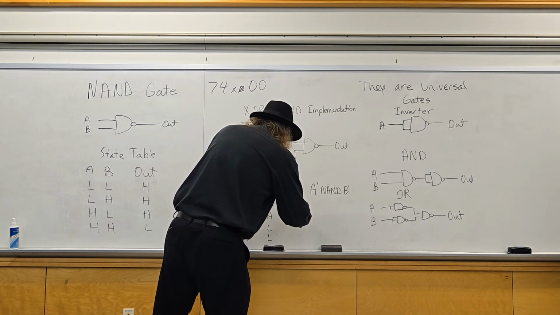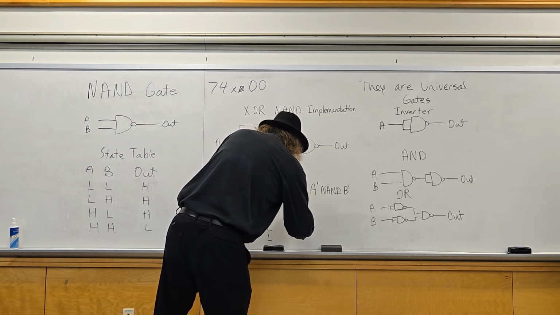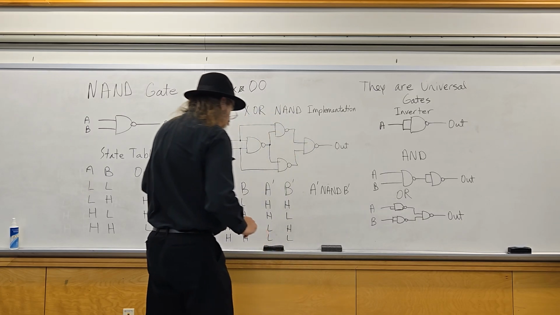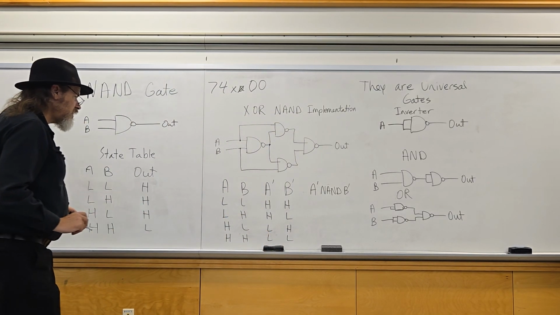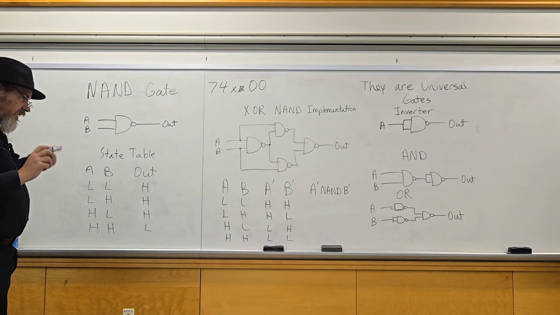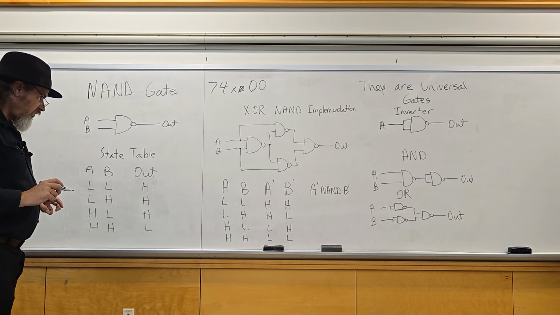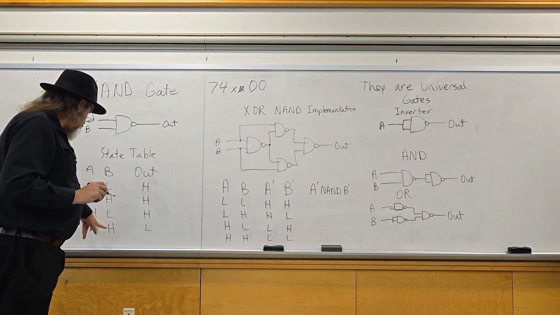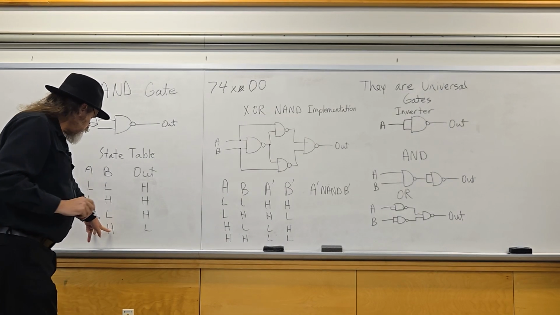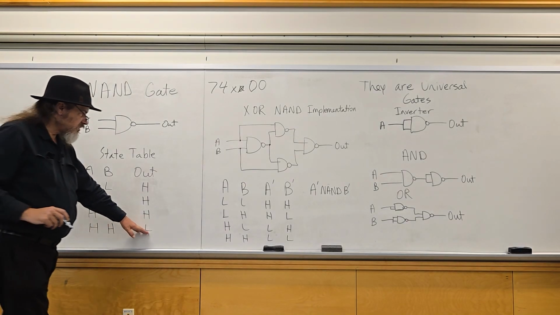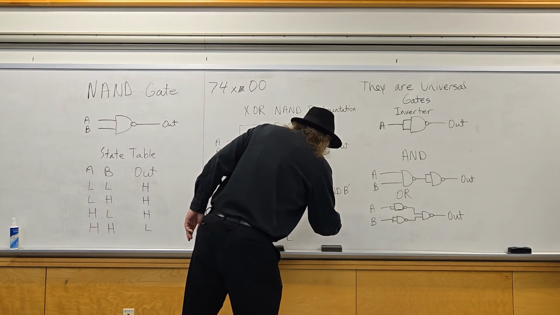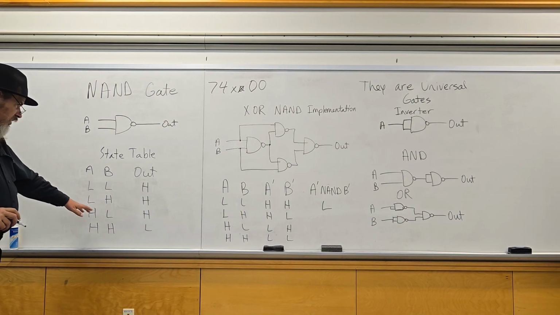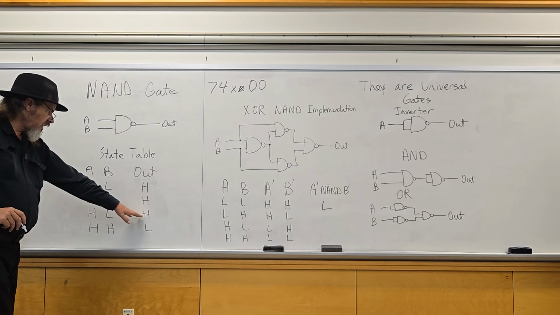B prime would be H, L, H, L. Now, those are inputted into a NAND gate. So the two inputs being high would yield a low output. High, low gives you high.